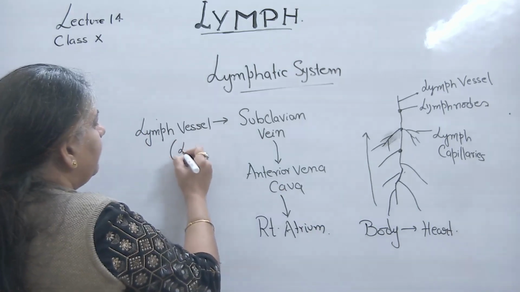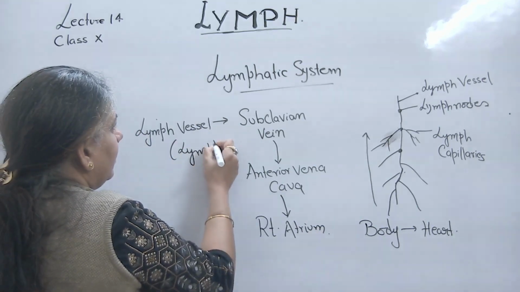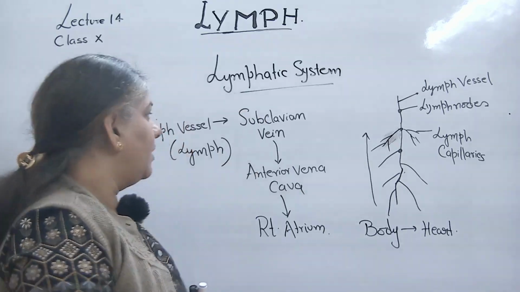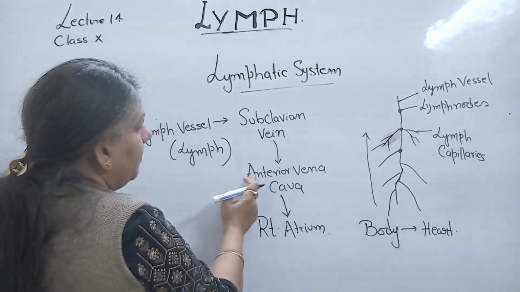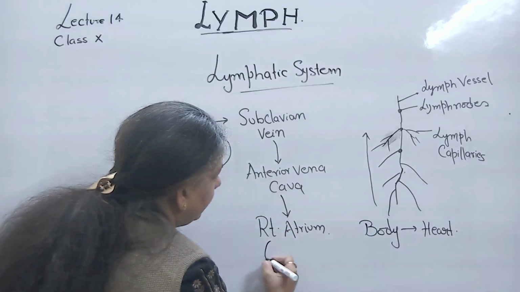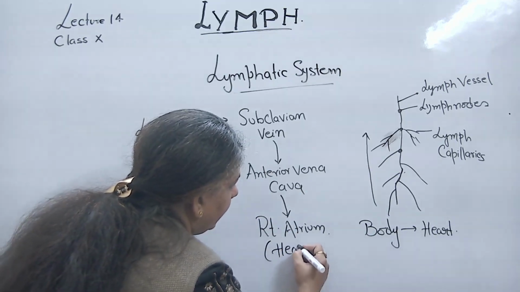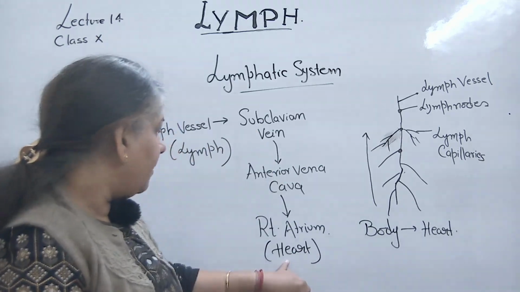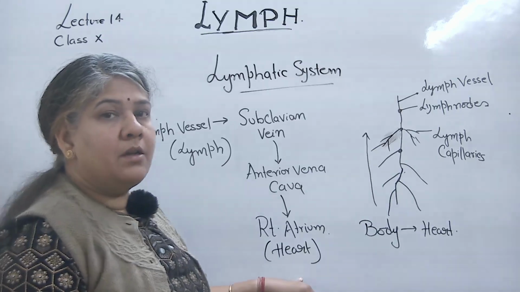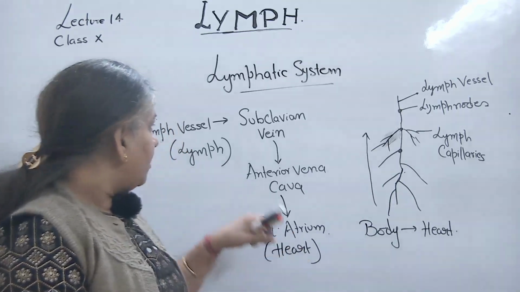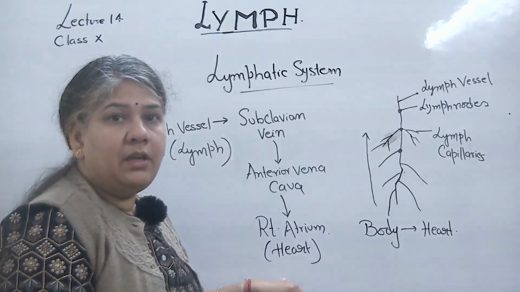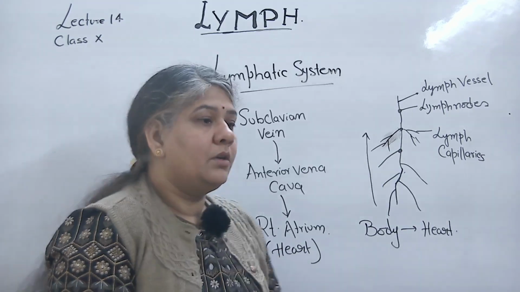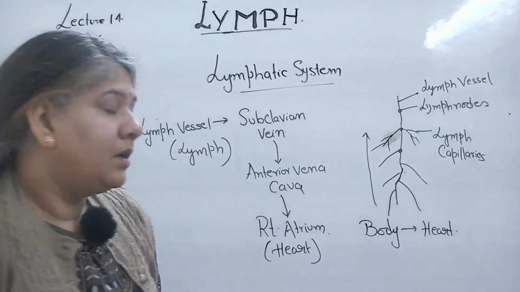So this lymph has now become the part of blood circulation. Once it enters the vein, then again it enters the heart and it is mixed with blood. Now the heart will pump it throughout the body. So the lymph becomes the part of the blood circulation. So this is the total concept of lymph.